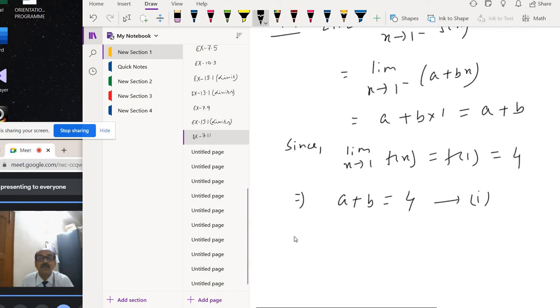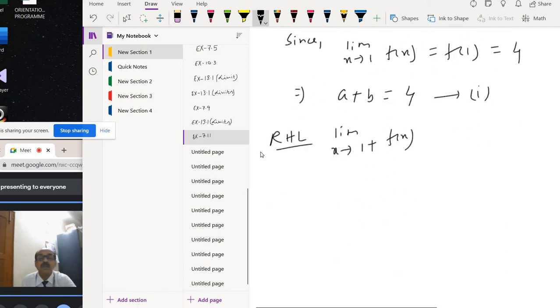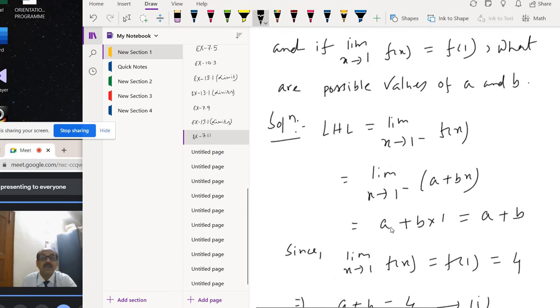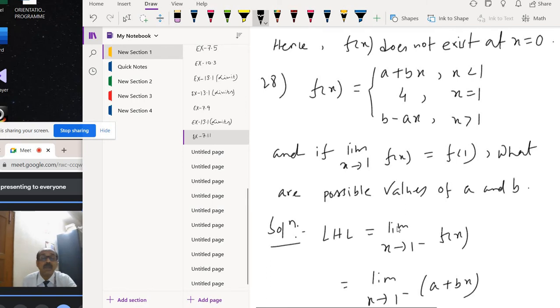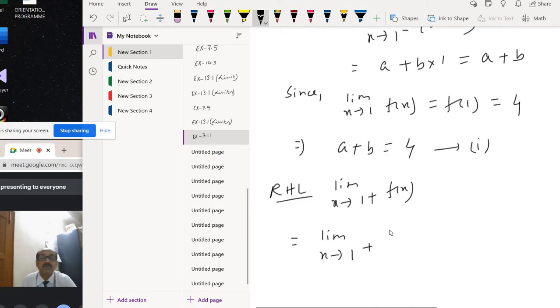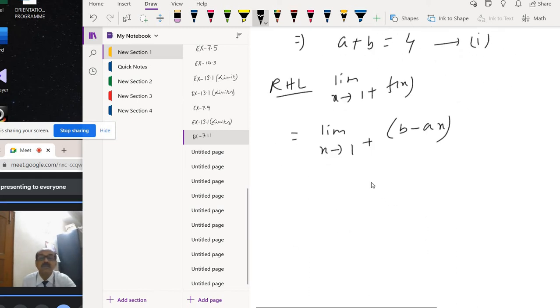Now the right hand limit, limit x tends to 1 plus f(x), equal to limit x tends to 1 plus, and f(x) is b minus ax. So it is equal to b minus a into 1, equal to b minus a.